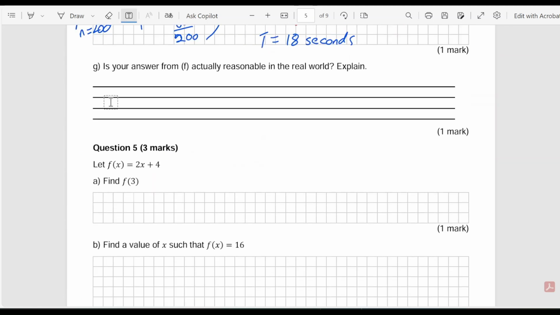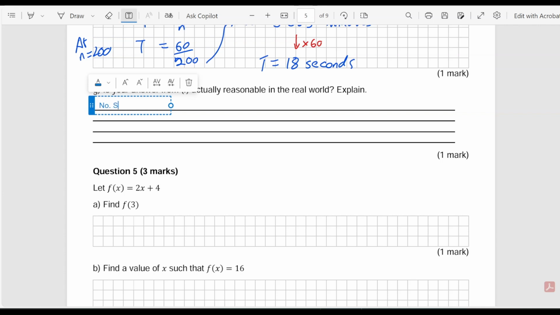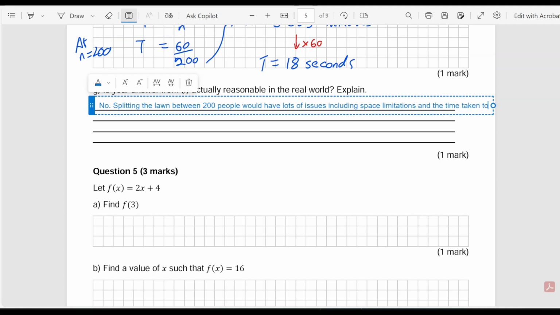So with this one, no. Splitting the lawn between 200 people would have lots of issues, including space limitations and the time taken to start up the lawnmowers being a larger part of the total time due to these issues. 18 seconds is not realistic.